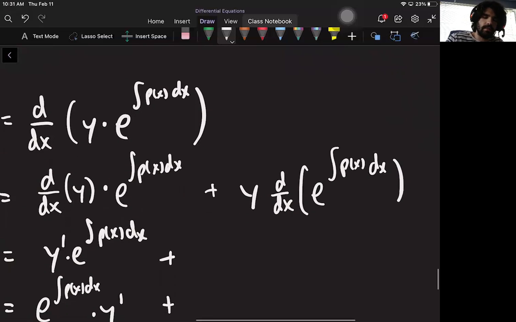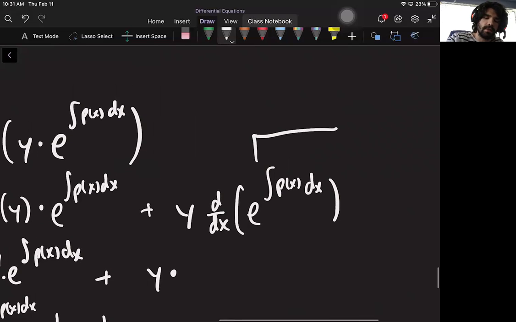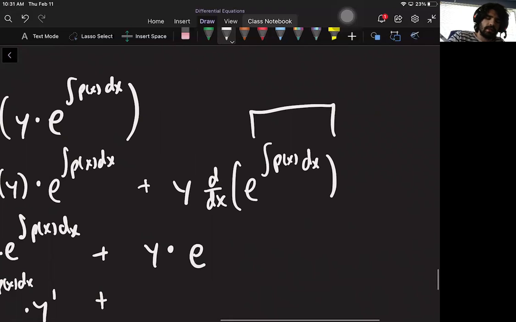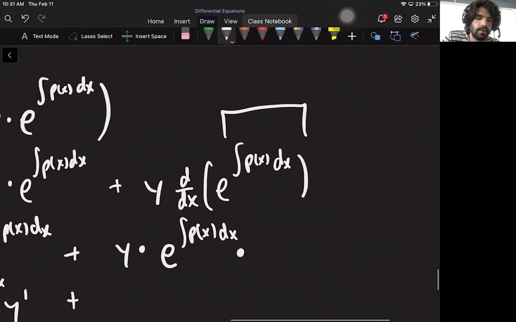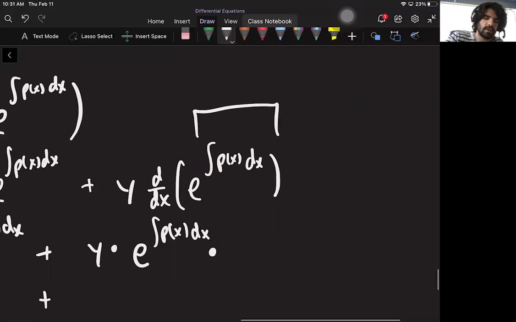And how do I do that? Well, what's the derivative of e to the something? Well, the rule is it's e to that same something. You don't change it at all. The derivative of e to the something is e to the something times, and then the chain rule says I have to take the derivative of that something, whatever is inside of the e.